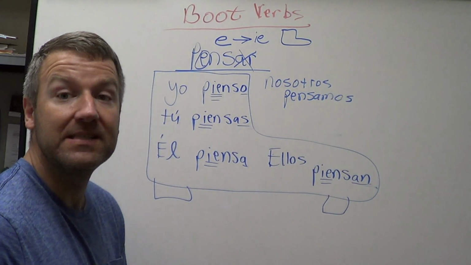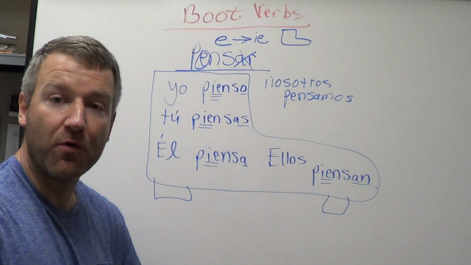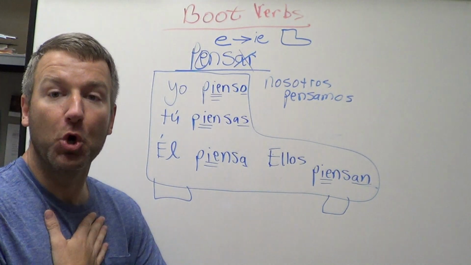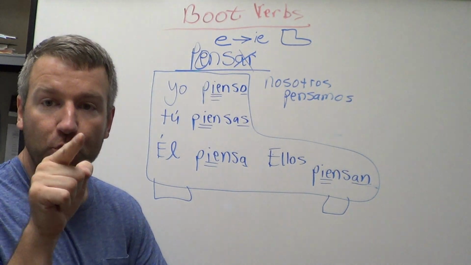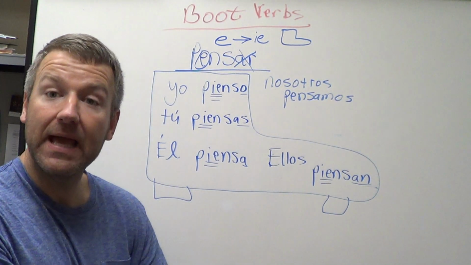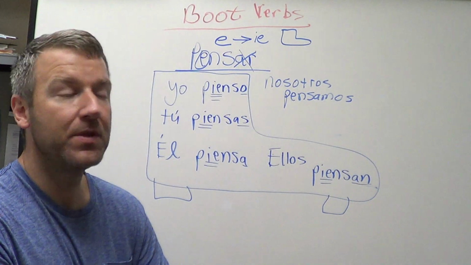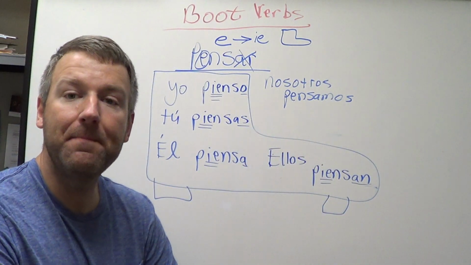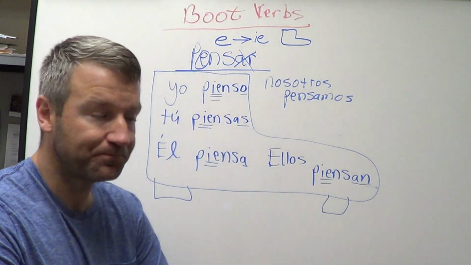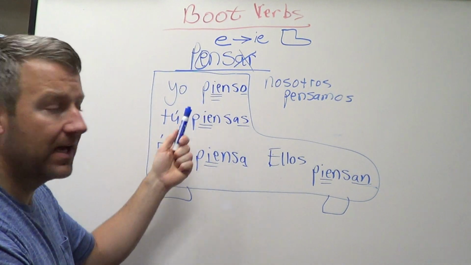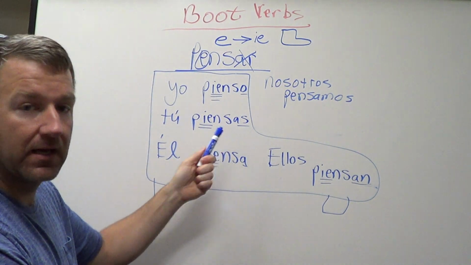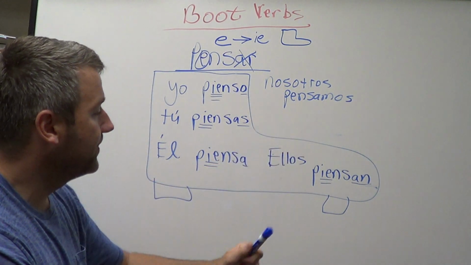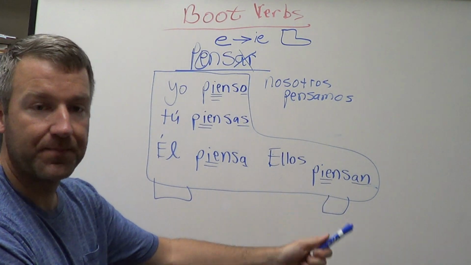So, the forms of this verb to think, pensar, are as follows. Yo pienso, tú piensas, él piensa, nosotros pensamos, ellos piensan. Okay? So I think, you think, he thinks, we think, they think.